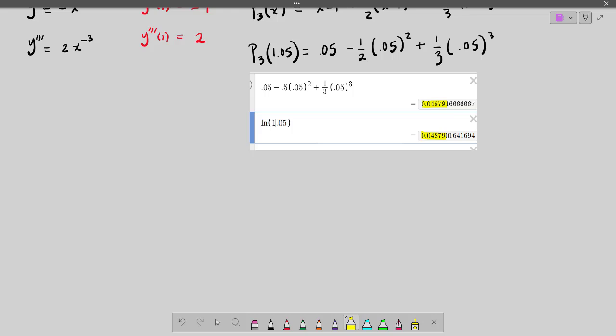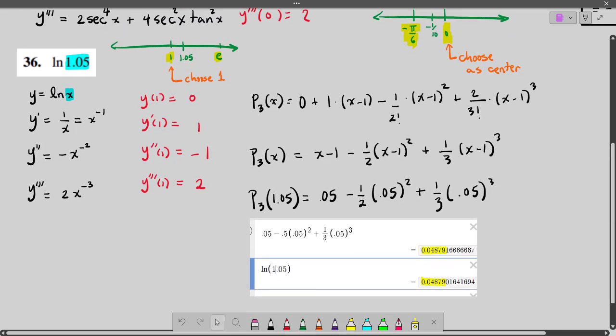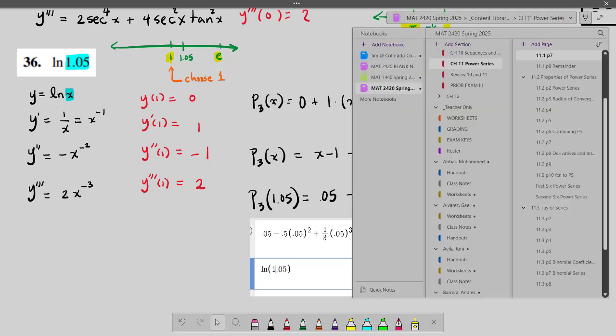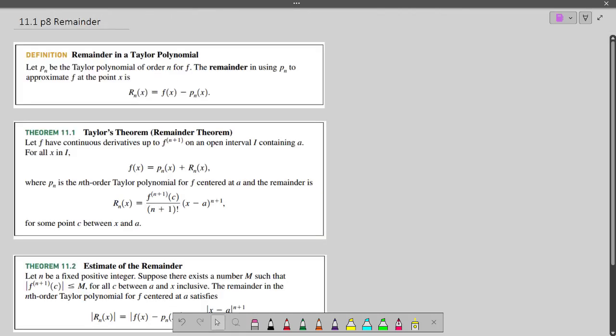All right, any questions on building Taylor polynomials? Makes sense? Okay, let's take a look at the remainder.